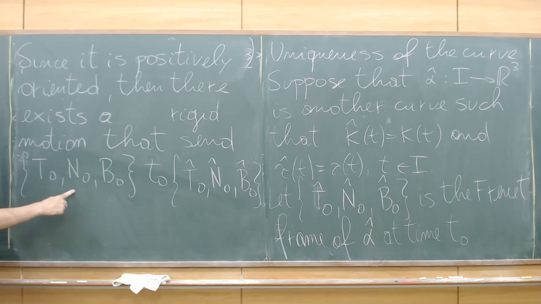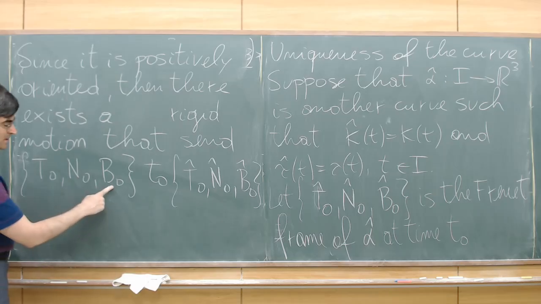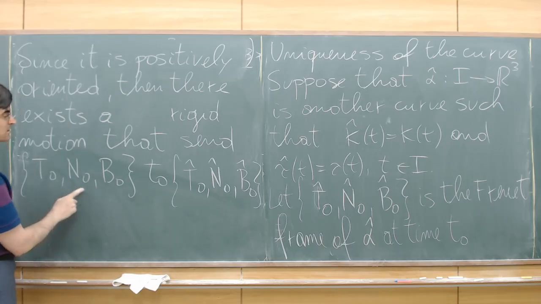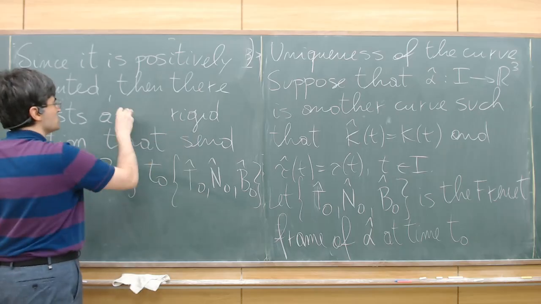Also, this one is positively oriented because B0 is T0 cross N0, so this rigid motion is proper.